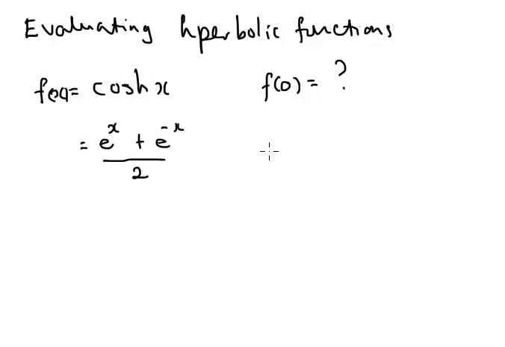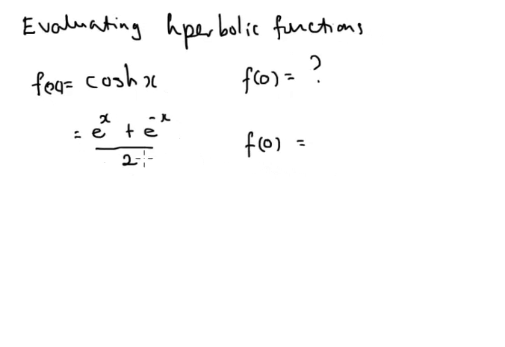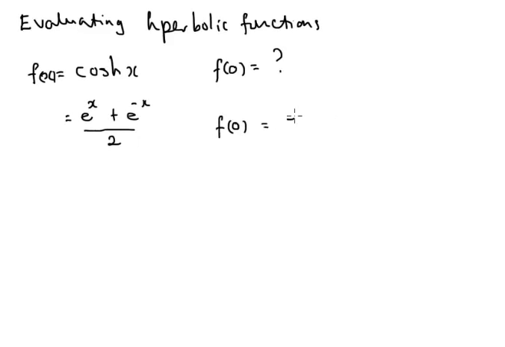So when you come this side, you can say f at 0, you've got to pick this expression and say e to the power 0 plus e to the power minus 0, over 2, and I think you can see that this is 1 plus 1 over 2, and that is 2 over 2, and therefore that is 1.